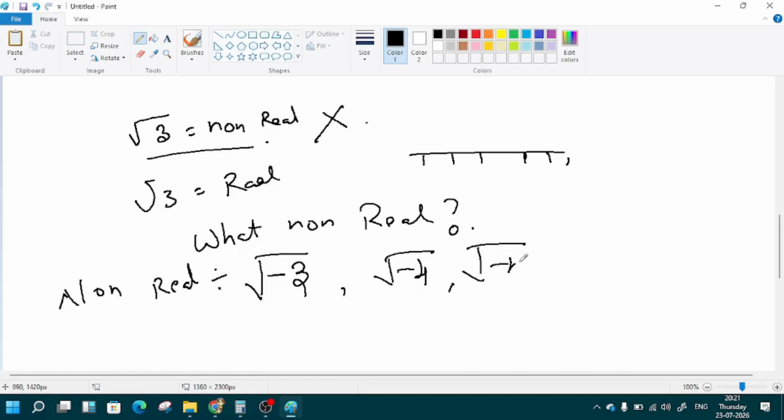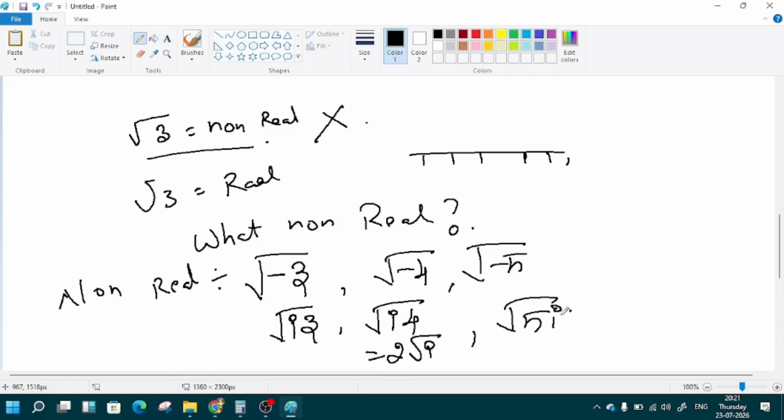So if you have a negative value inside the root, it can be written with i. Root of negative 3 is i root 3. Here it's going to be i root 4, which I will rewrite with 2 coming outside, as 2i. And here it's going to be i root 5.